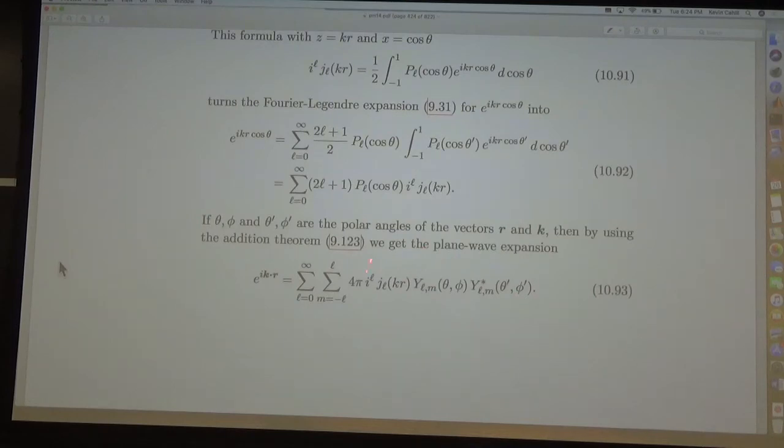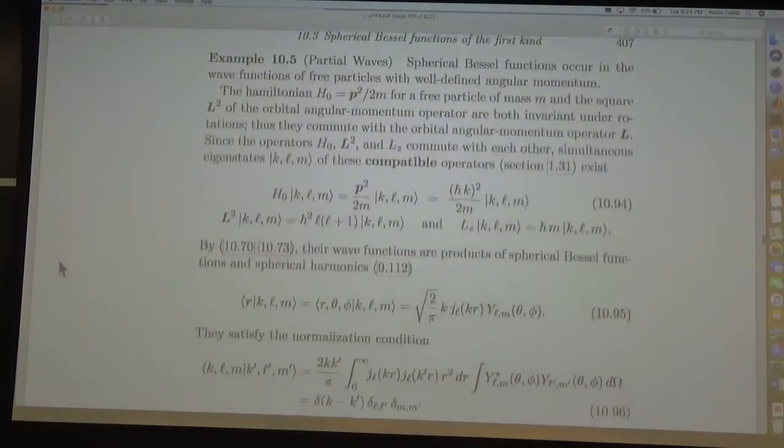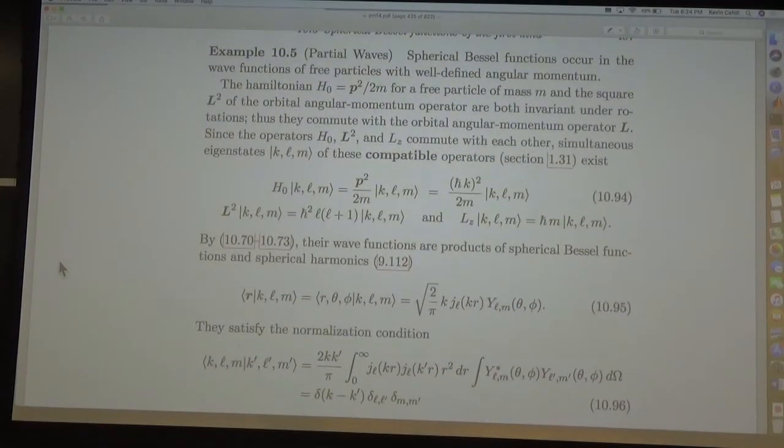So this is using the addition theorem to replace PL, the Legendre polynomial of cosine theta. And so, as I was saying, this example is important in quantum mechanics.